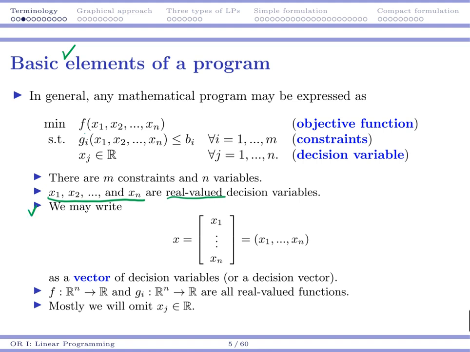In some cases, we may want to abbreviate the notations. So we may write x as a collection of all these decision variables. In that case, we would say your x is a vector of decision variables, or a decision vector. Here, I need to spend some time to talk about the notation. When you see values or variables put into a pair of square brackets like this, square brackets mean a matrix.